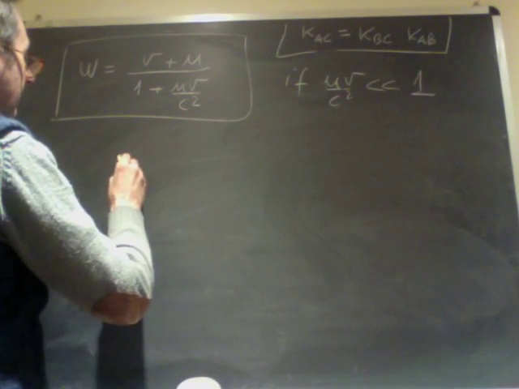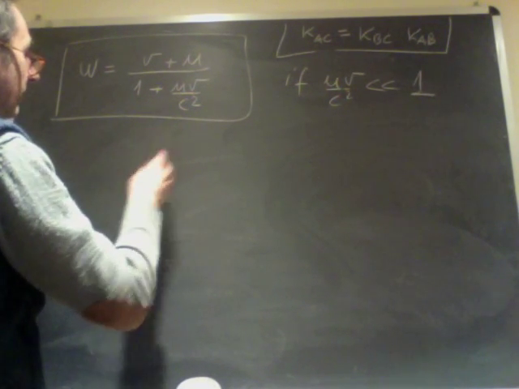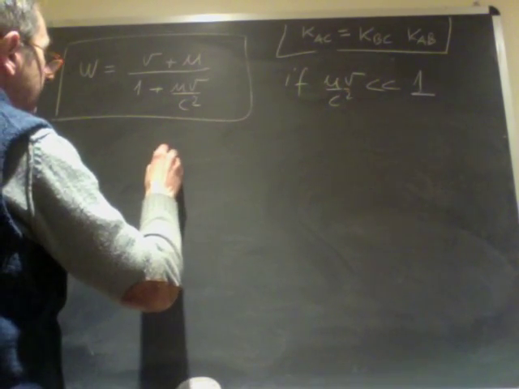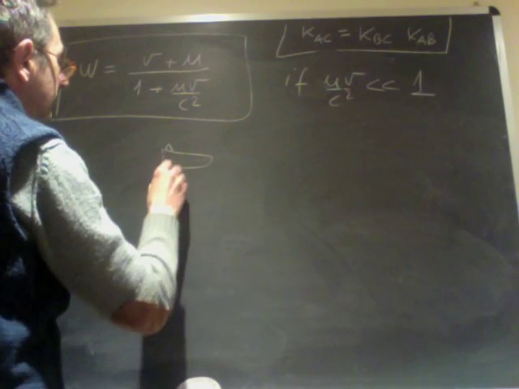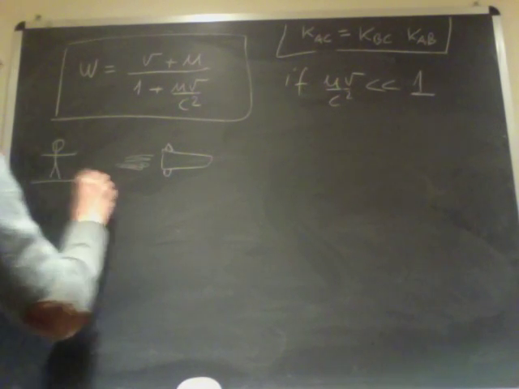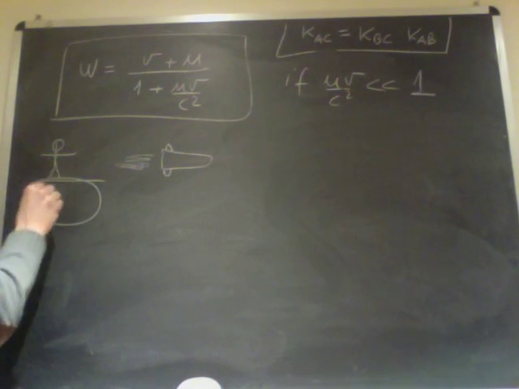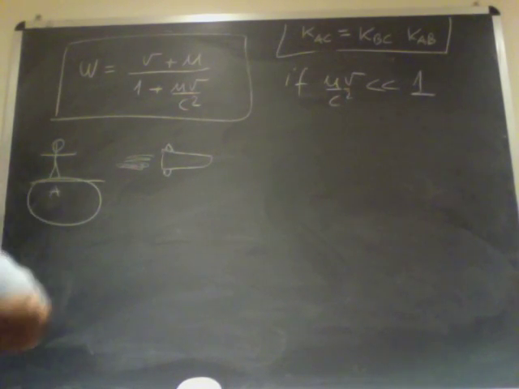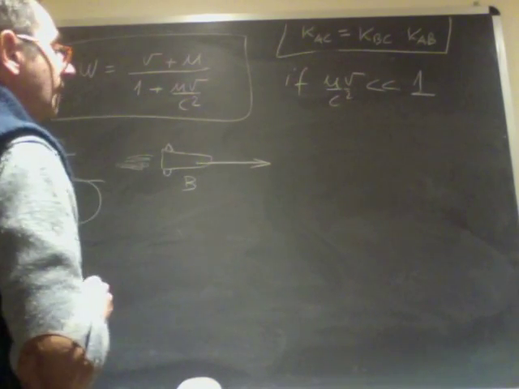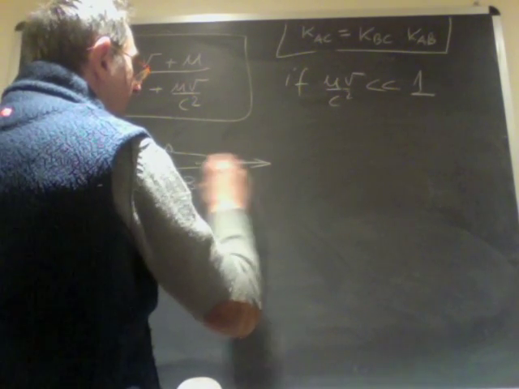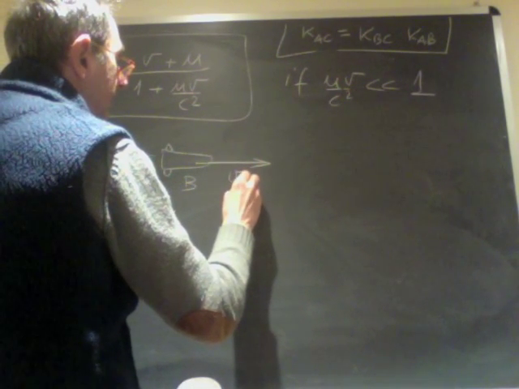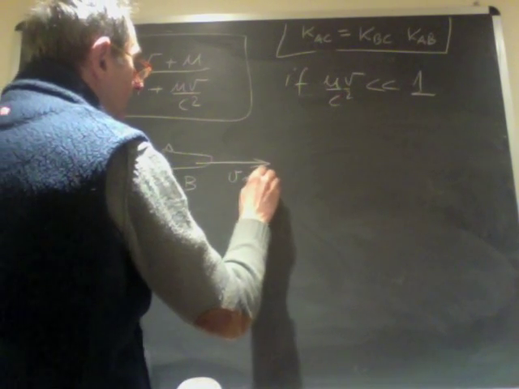Suppose that this time, instead of the tank and the bullet, I've got a spaceship traveling. Here I am on the Earth. This is A, this is B, traveling very fast, V, that is about the speed of light.